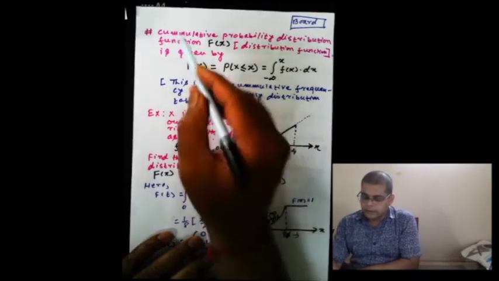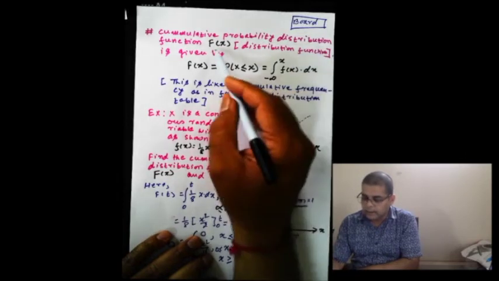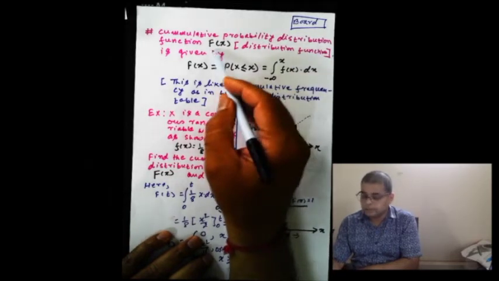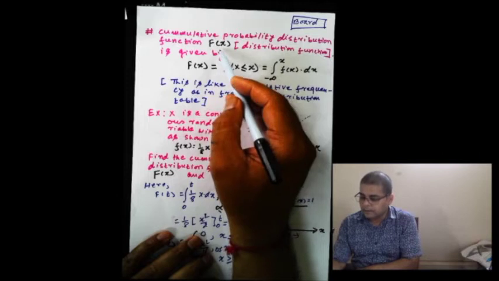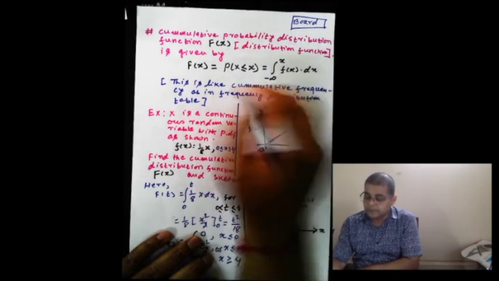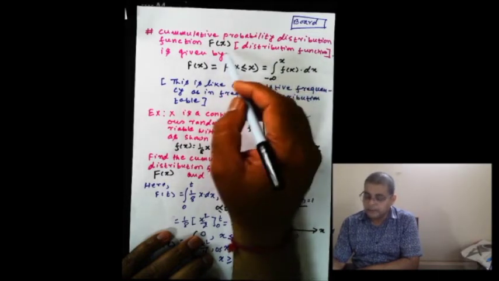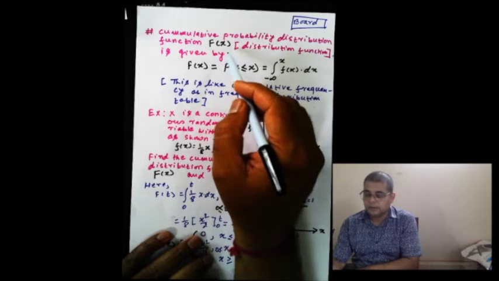Okay, we shall now talk about the cumulative probability distribution function, and this is denoted by capital F(x). Also this is called the distribution function. So the distribution function, unless otherwise stated, is the cumulative probability distribution function.